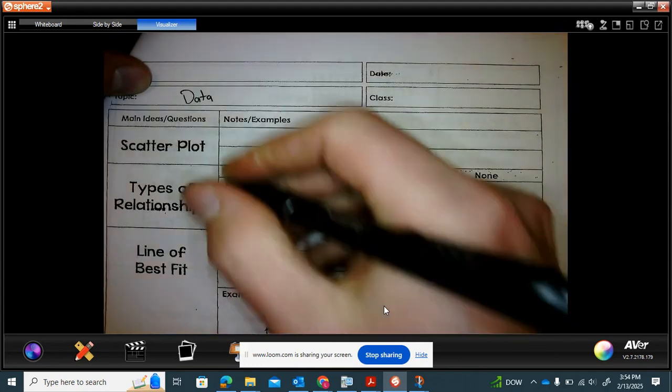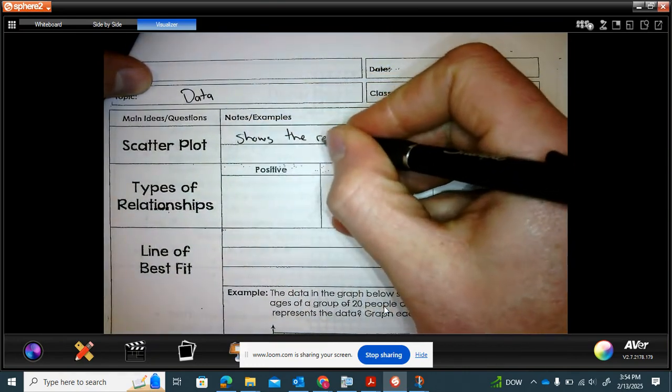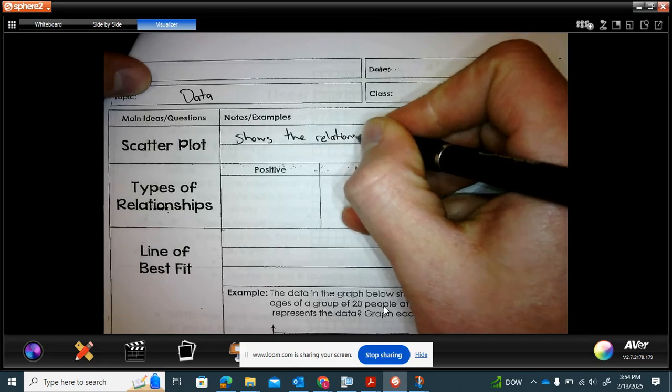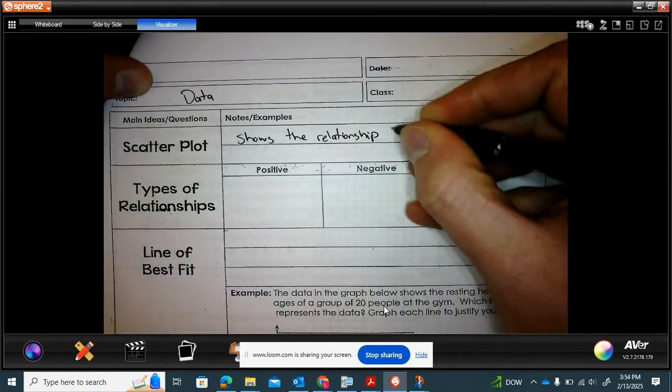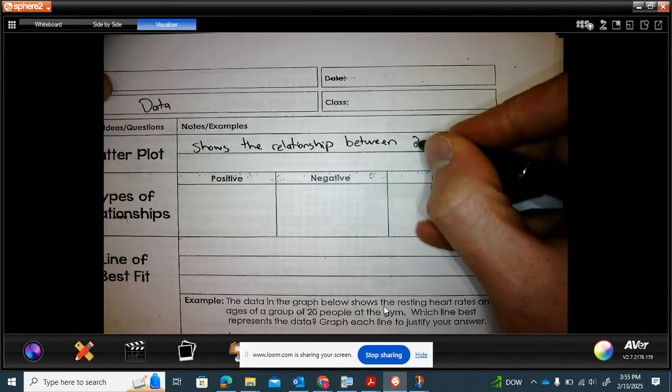So a scatter plot shows the relationship between two variables.